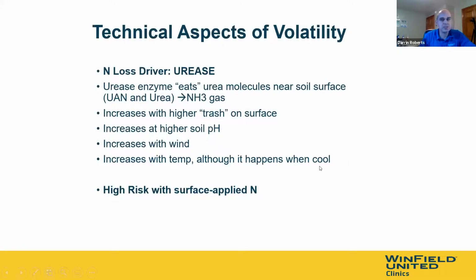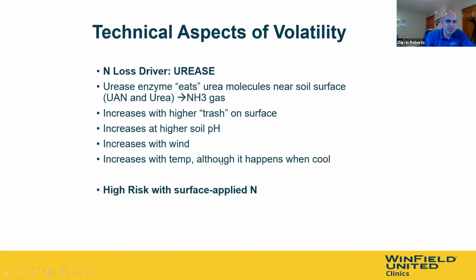As far as volatilization, so the main driver for it is the urease enzyme. And so urease, it converts the nitrogen over, and eventually, if it's a surface application, it'll form ammonia, which is subject to volatilization.